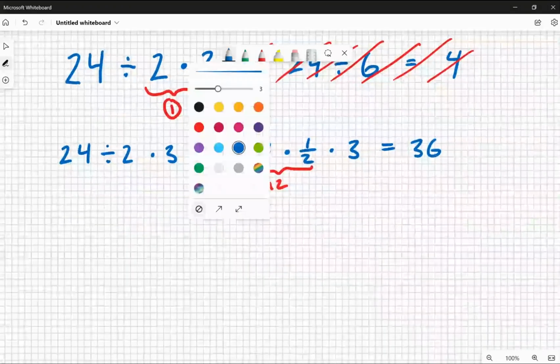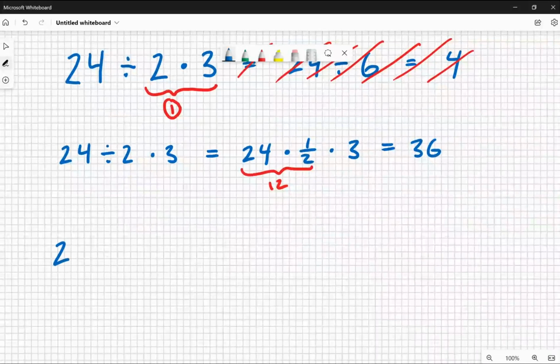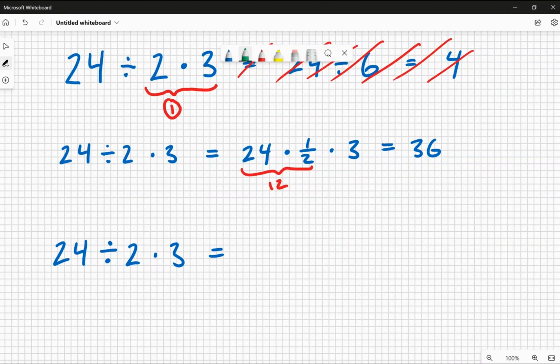So that was sort of a long-winded way of explaining why we do this, but to solve this problem, 24 divided by 2 times 3, there's no parentheses, there's no exponents. All right, so let me go back to PEMDAS, P, E, M and D, and then A and S. Because remember, I'm saying multiplication and division are the same thing. Addition and subtraction are the same thing, because you could always add a negative or you can multiply by a reciprocal.